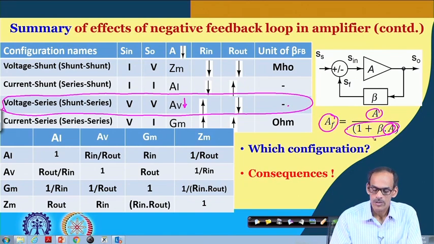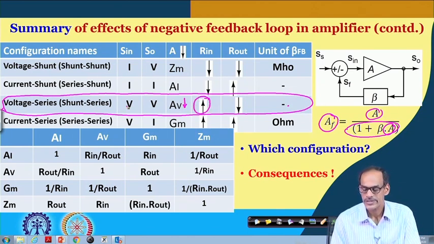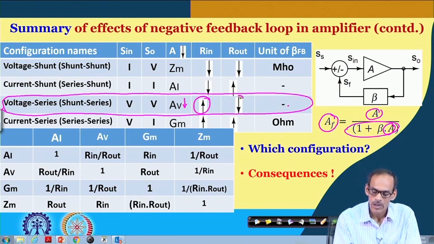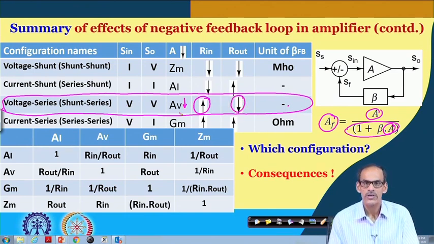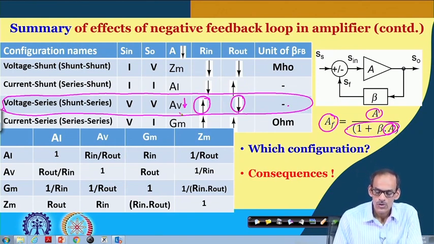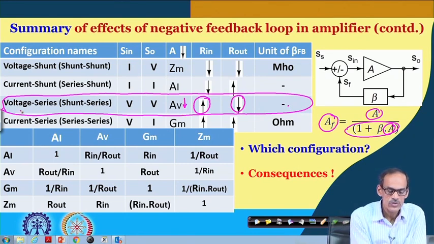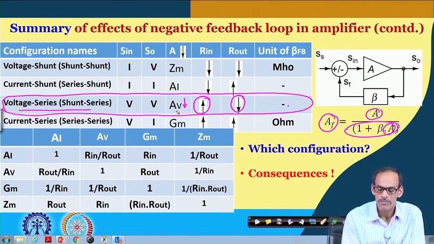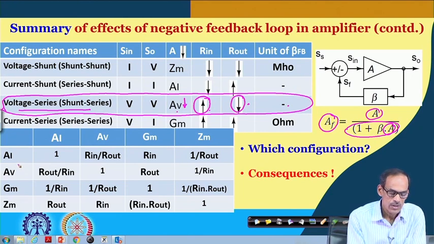And as this table also suggests, the input resistance is getting increased by the desensitization factor, and the output resistance on the other hand is getting decreased by that factor. So, we are clear that this configuration has an impact on voltage gain, input resistance and output resistance.